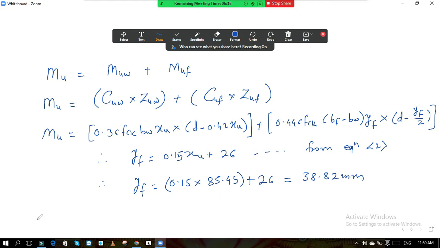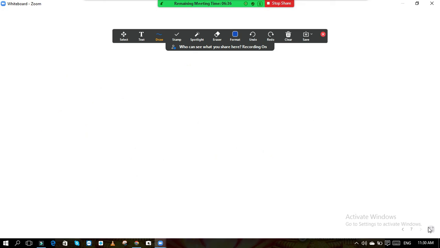So now I will take the next page. So Mu is equal to 0.36 fck, fck is 20, bw into xu into d minus 0.42 into xu.